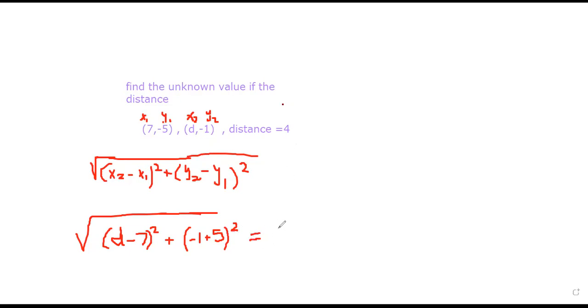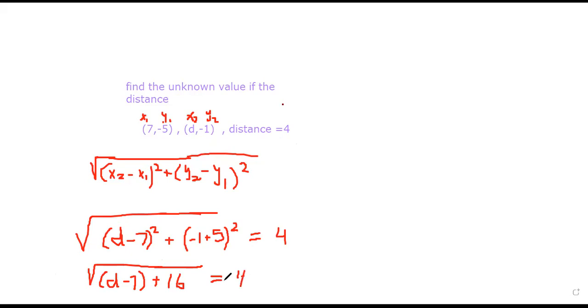This is equal 4, which means I have d minus 7 plus negative 1 plus 5, it will be equal 4. All to the power of 2 equal how many? 4 power 2 equal 16.